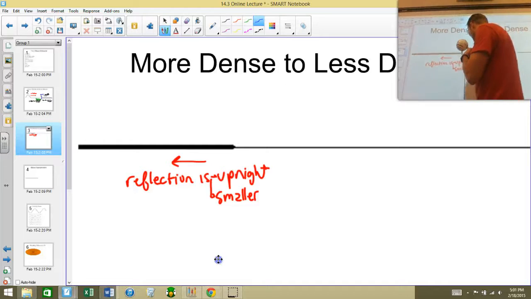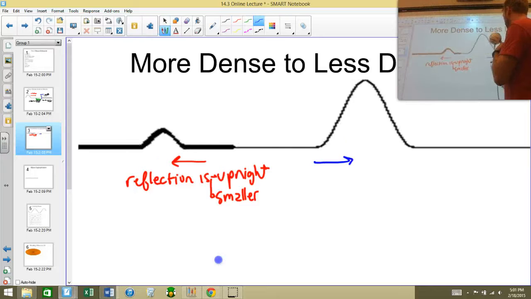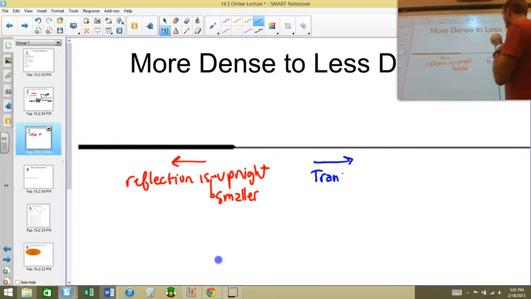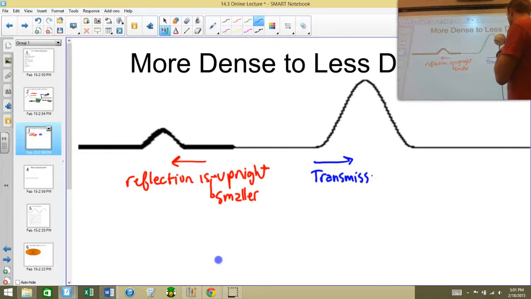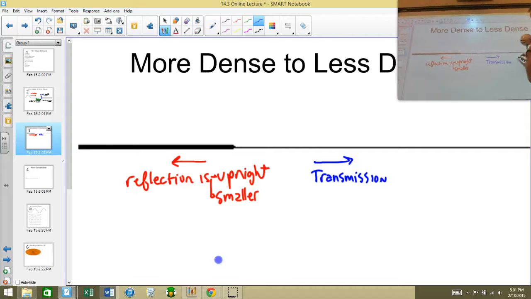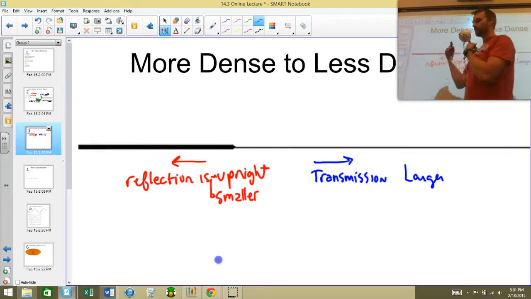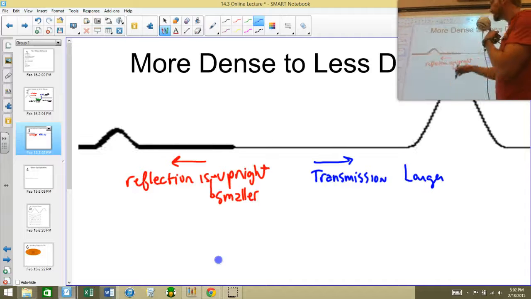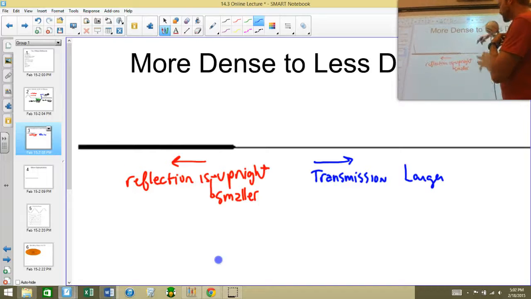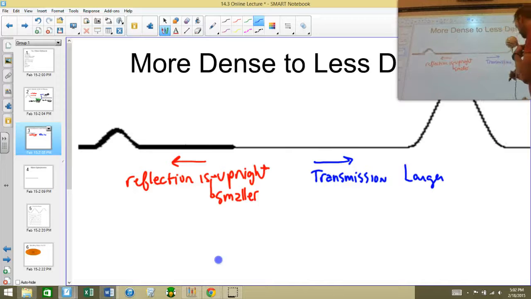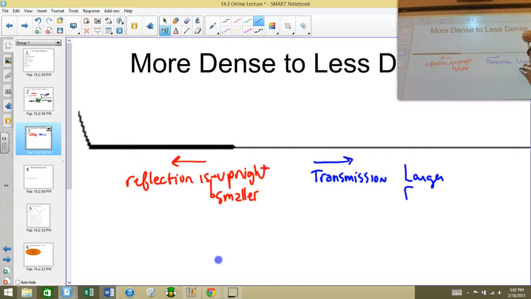Watch the transmission. The transmitted wave is larger. This has to do with the mass of the medium. It's easier to move this lighter medium, so it will make a larger wave. It's also faster.